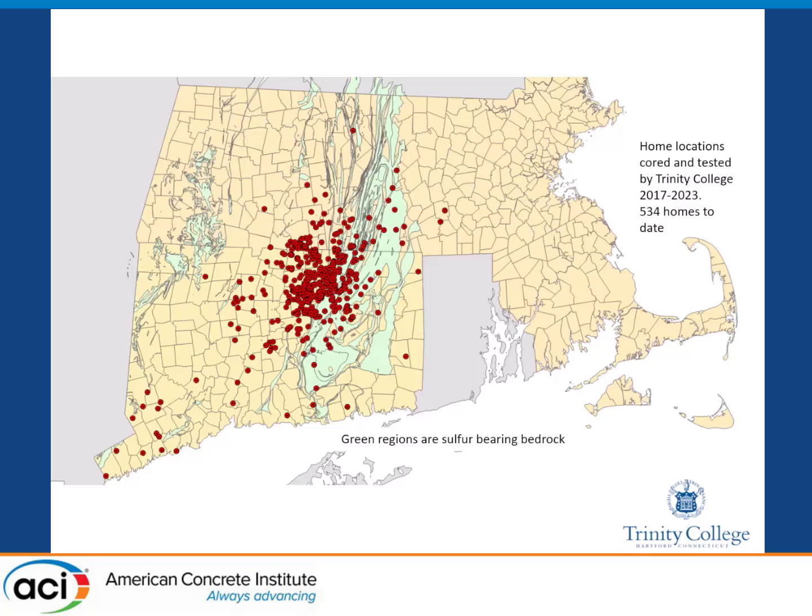Our sampling of homes is definitely biased in the region of northeastern Connecticut here, very close to where the quarry in Wellington, Connecticut, that supplied most of the pyrrhotite-rich aggregate is. Although we have tested some homes in other parts of the state, and we're starting to test more in Massachusetts as well, as there seem to be other quarries that are possibly producing aggregate outside of this region of problem area.